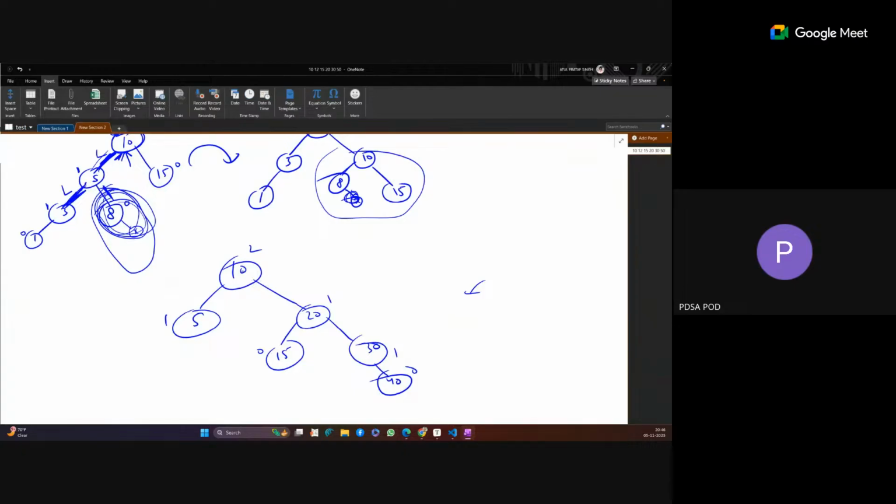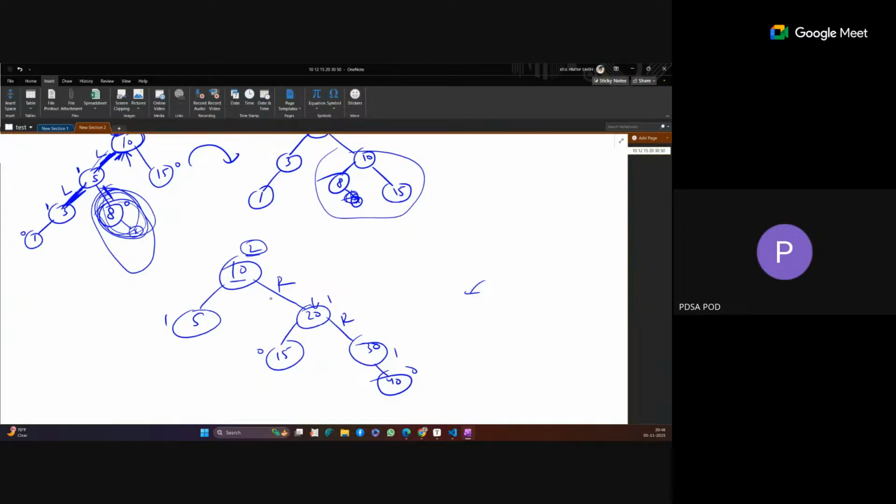This is the node where we get balance factor 2. From this node, which side height is more, right or left? Right. So move to the right child. From this node, which side height is more? Right side. So this is the RR situation.